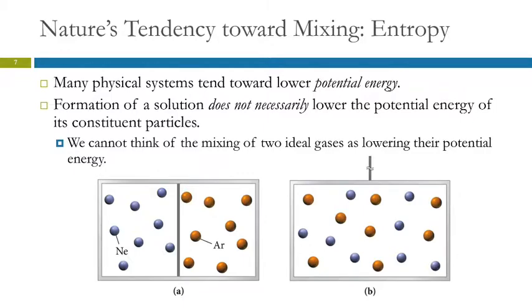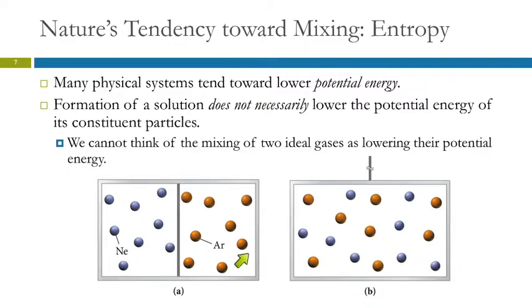We've talked a lot about energy and how many things happen because it reduces the potential energy of the system. Formation of a solution doesn't necessarily change the potential energy of the particles in that system.